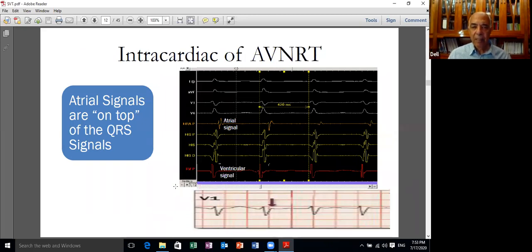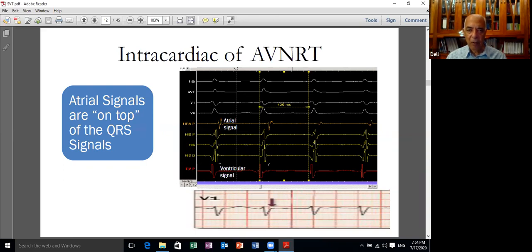This is supplemented by the intracardiac tracing. As most of you are now acquainted with this kind of tracing, this is the compressed standard leads: lead 1, AVL, AVF, V1, and V6. And then we have a high right atrium electrode, then the His bundle electrode, and then the ventricular electrode.